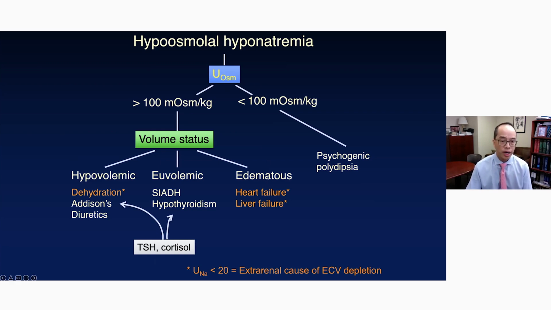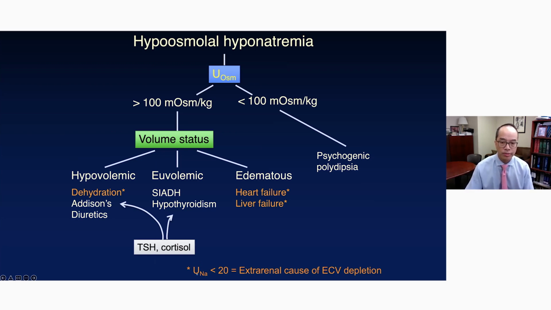And it's important to recognize that in both true hypovolemia and conditions that mimic hypovolemia, the kidney would normally respond by lowering urine sodium, usually to less than 20, except if the cause of hypovolemia is salt loss in the urine itself, in which case urine sodium would be high.